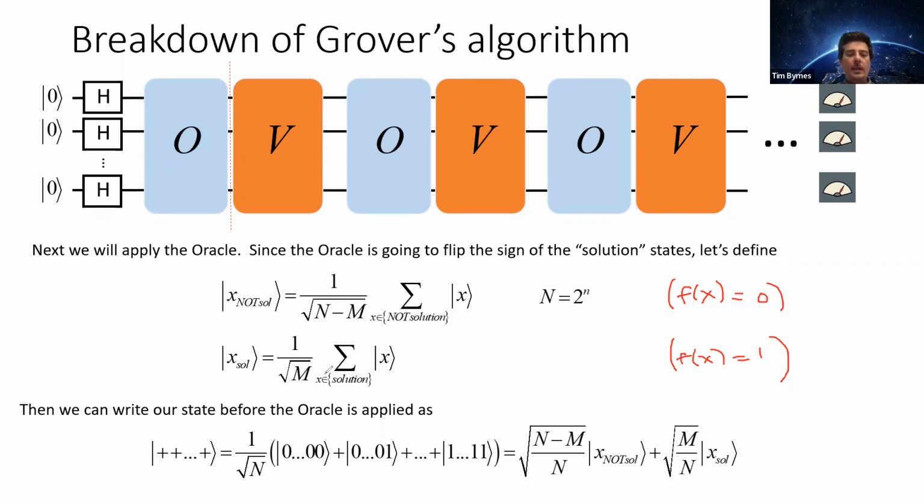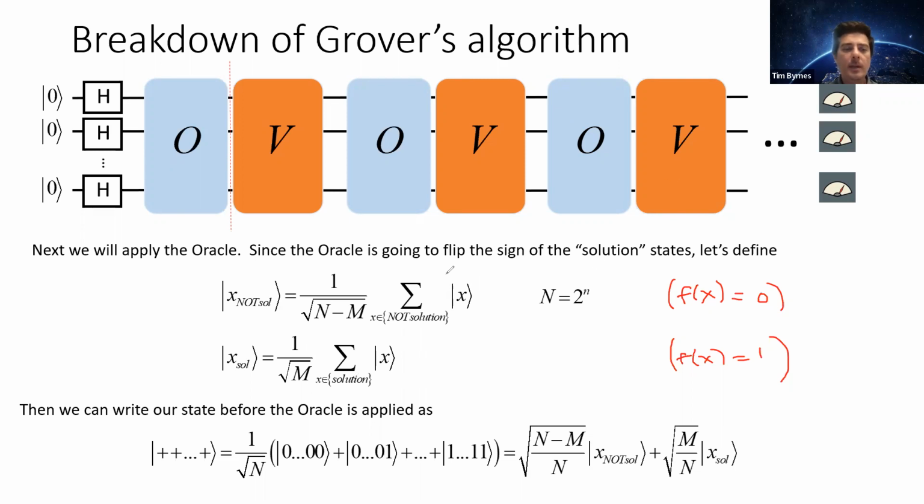What we're going to find is that writing it in terms of this state, the sum of all the states that are not a solution, or the sum of the states which are a solution, is actually quite a good way to write it.